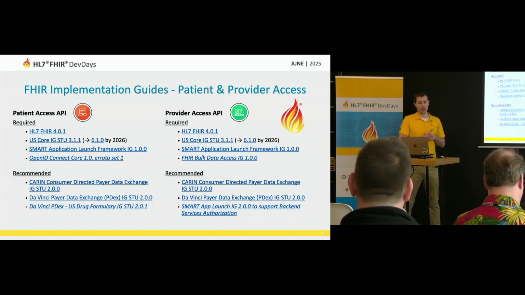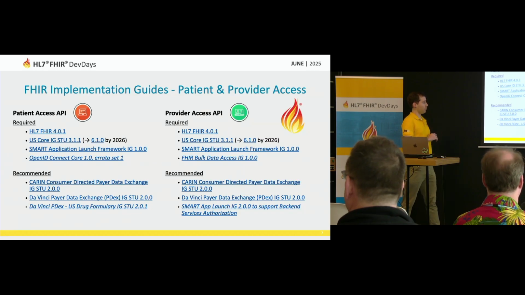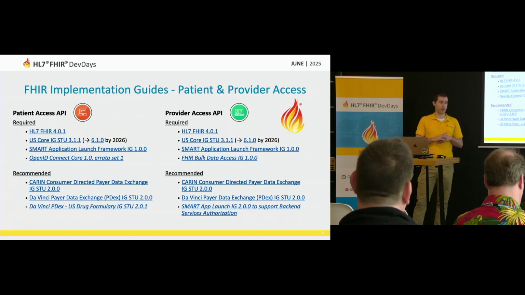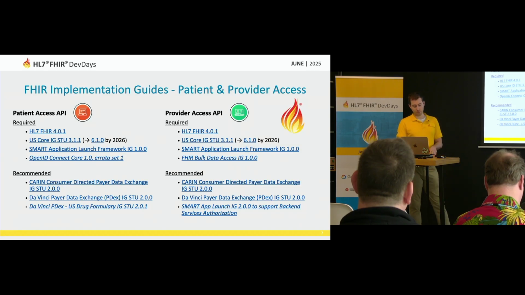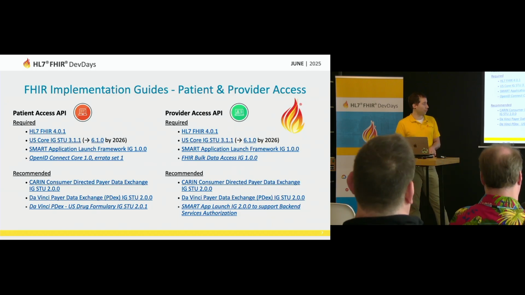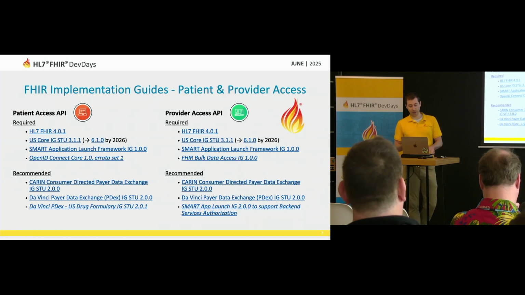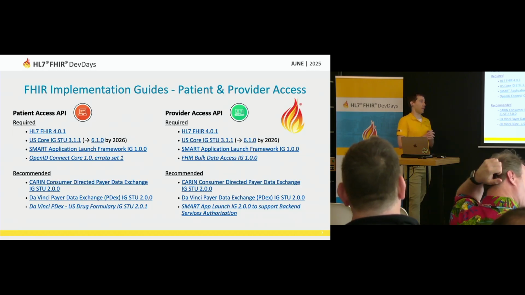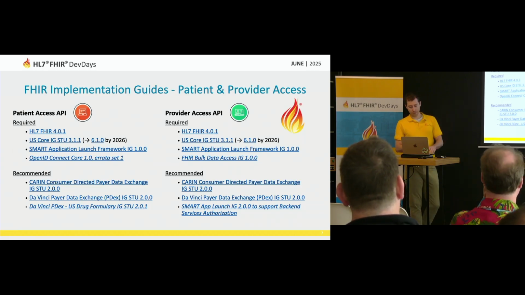And the Drug Formulary IG is used to represent those insurance plan drug relationships. On the provider side, version 2 of Smart on FHIR is recommended so that payers can most securely get data from payers using the bulk export IG, which is required.